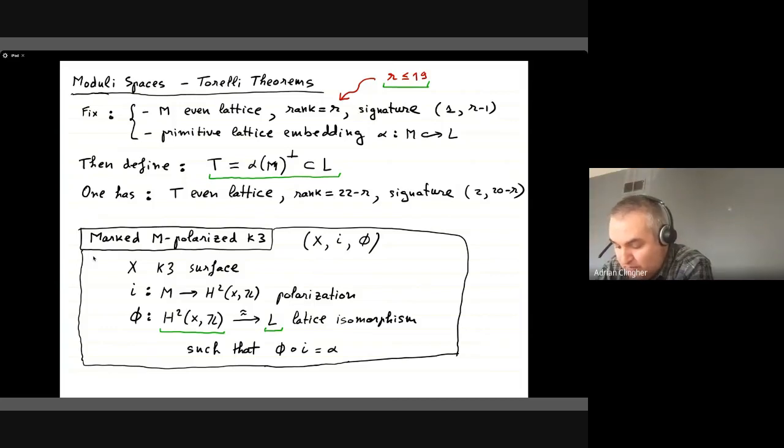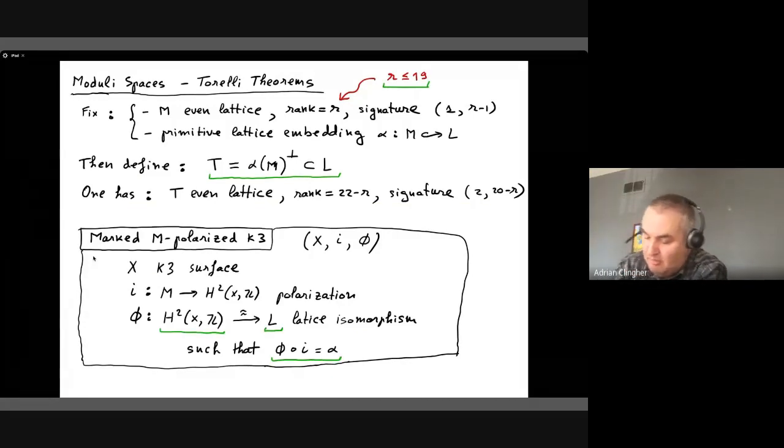And the two maps, the lattice embedding i and phi, will have to be compatible in this sense. So a marked M-polarization is just an M-polarization, as I talked about earlier, together with an isomorphism between the second cohomology and the K3 lattice.